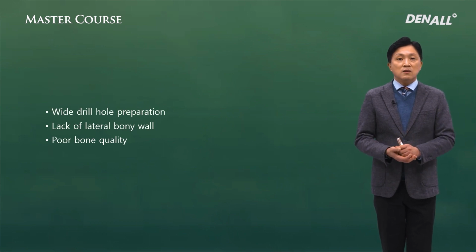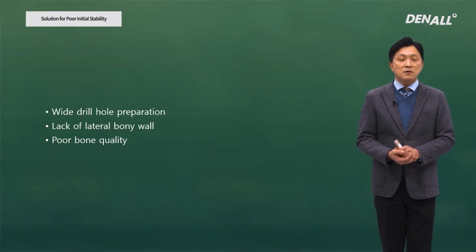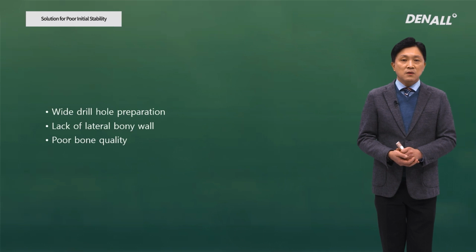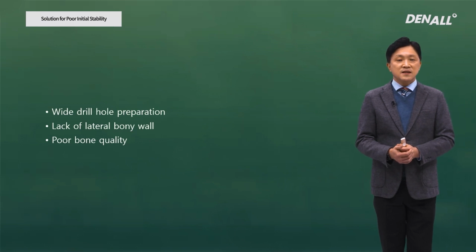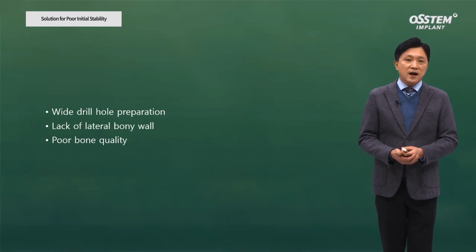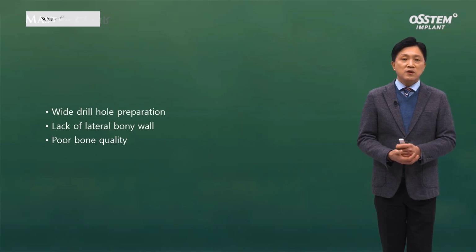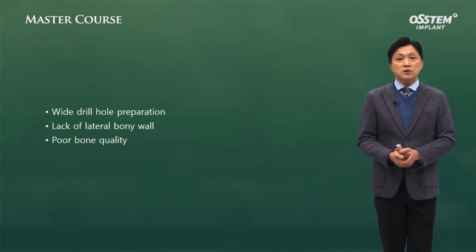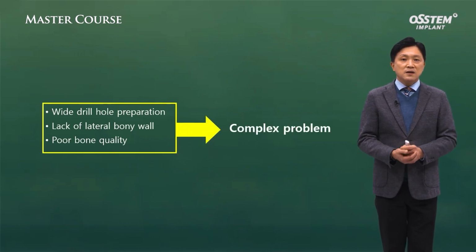Second, lack of lateral bony wall. If bone is lacking and basal bone is not sufficient, initial stability can get poor. And most frequently, we can lose the primary stability when bone quality is poor.